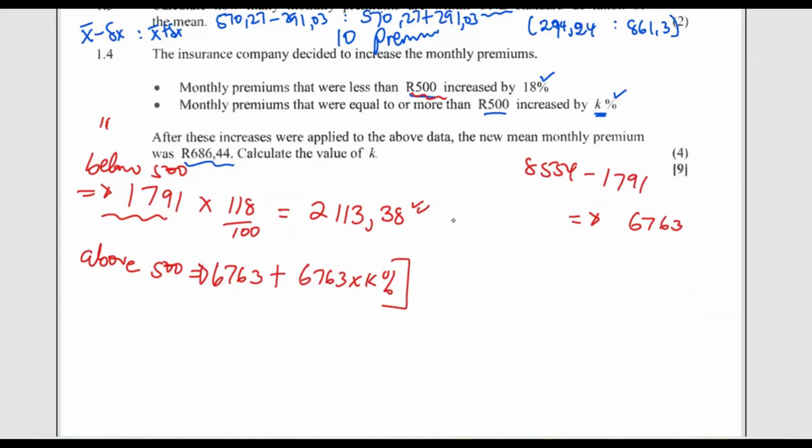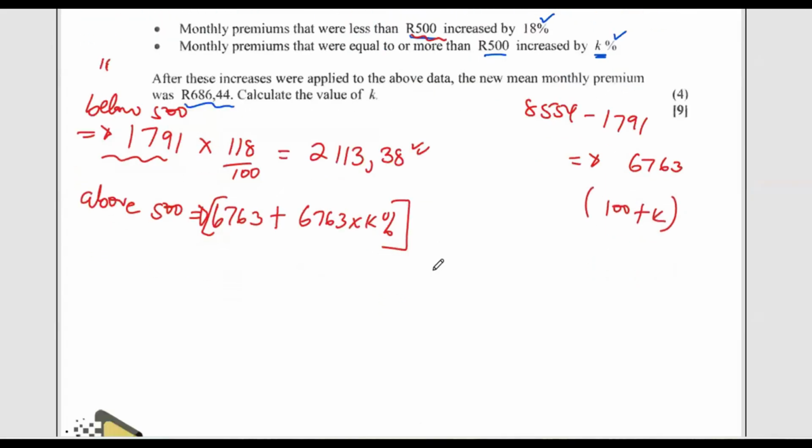Alternatively, you can have 100 plus k, and multiply this with the entire thing, and you'll end up with the same result. After getting this, I need to add the two totals and find the mean. So I'll have 2113.38 plus 6763 plus 6763k%.